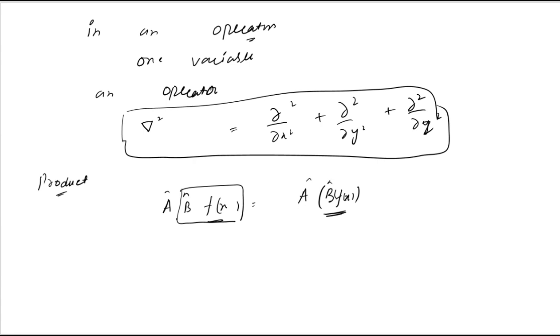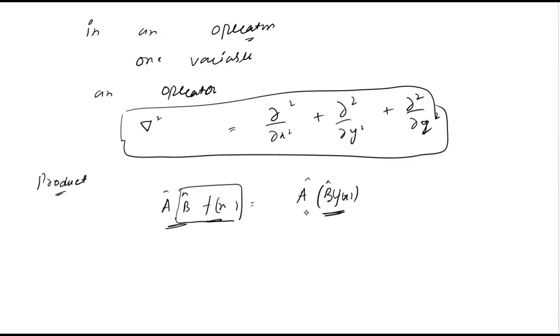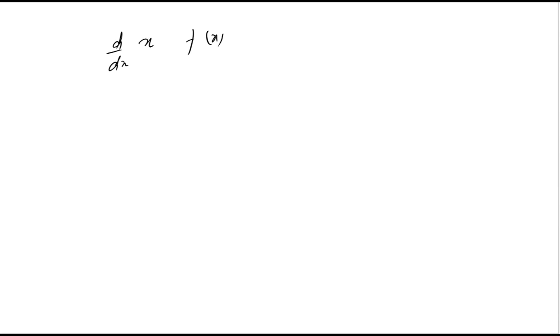Suppose let us take an example: d by dx and x are operators, and we will operate them on an arbitrary function f of x. We know that first we have to operate the x on this function, and then we can operate d by dx on the new function we get by operating x on f of x.